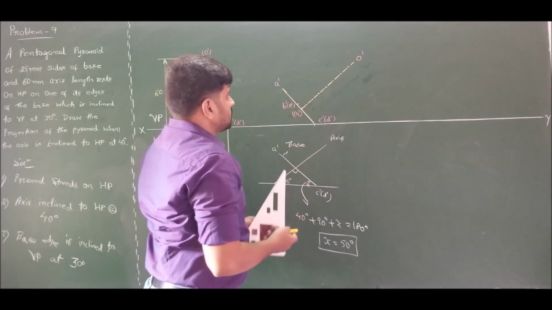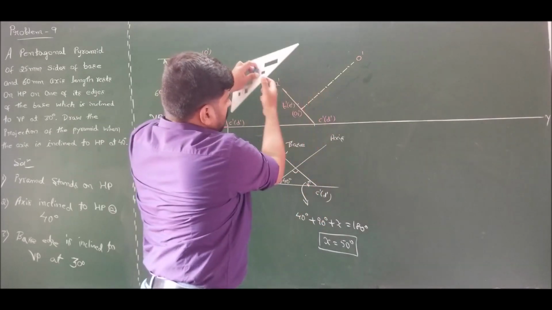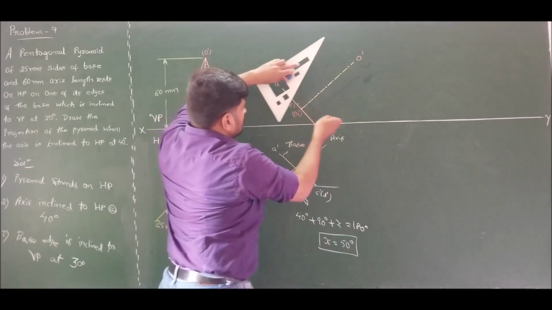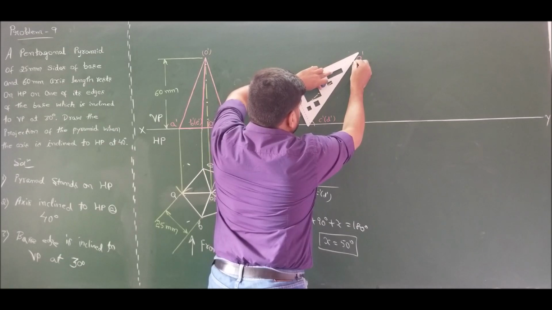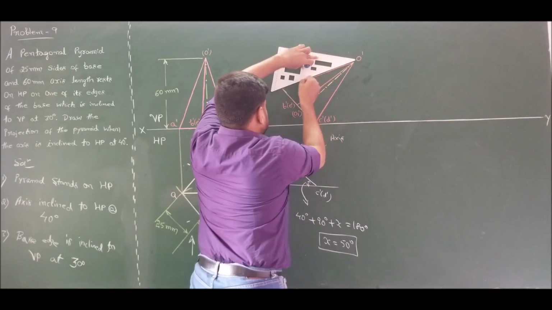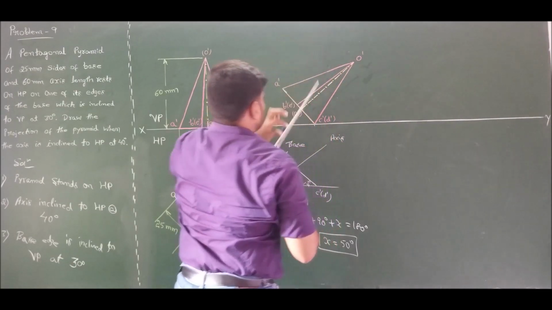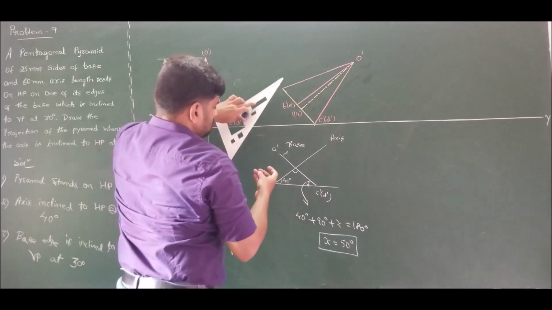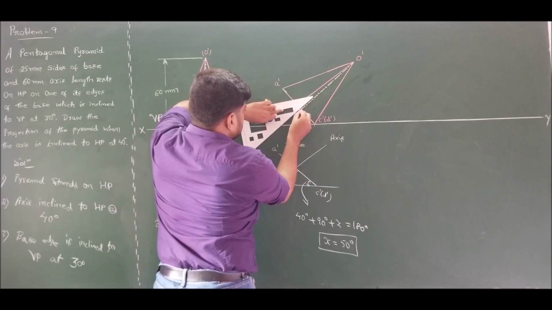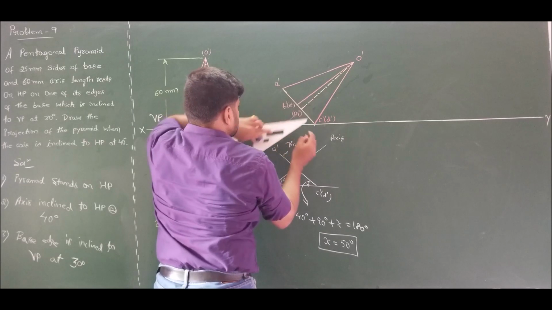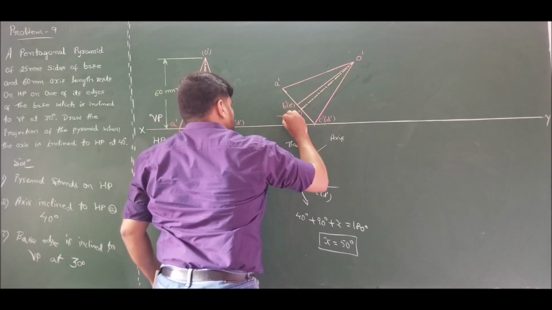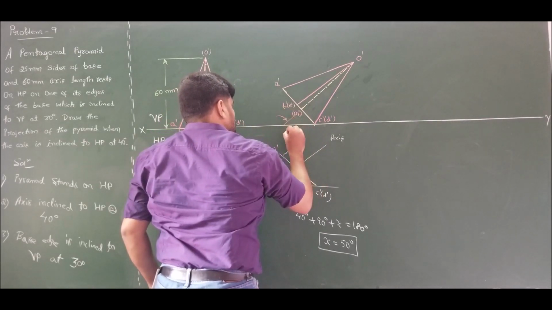From this apex, connect the remaining corners. I will get the figure. Now if I measure this axis, the axis will be inclined at an angle of 40 degrees to the horizontal plane.